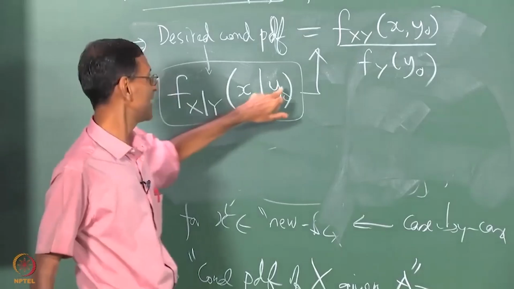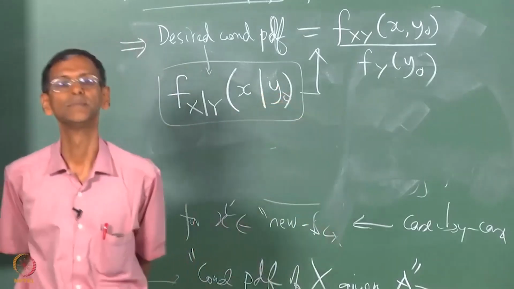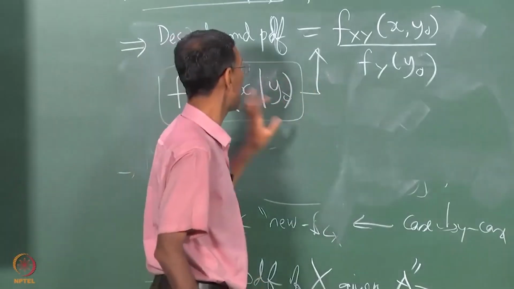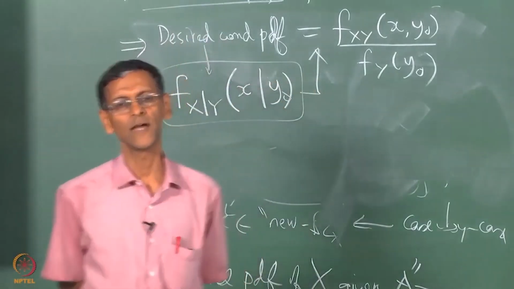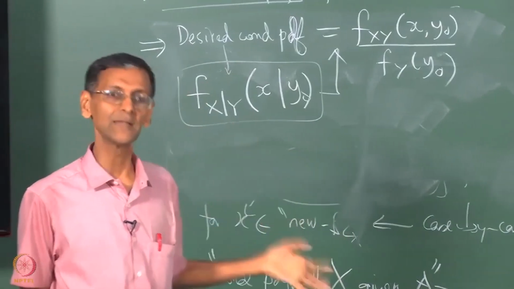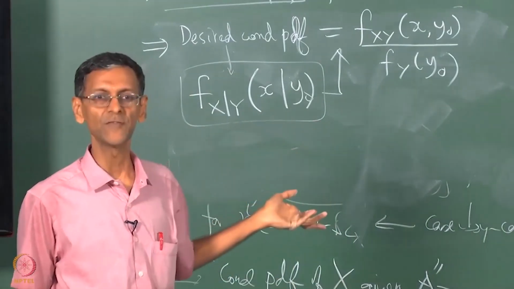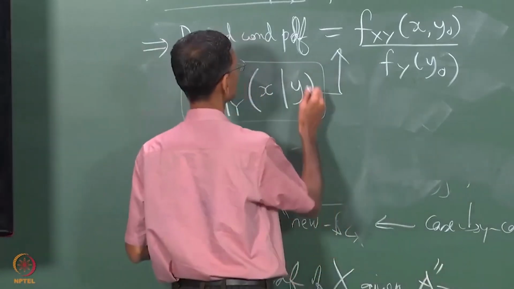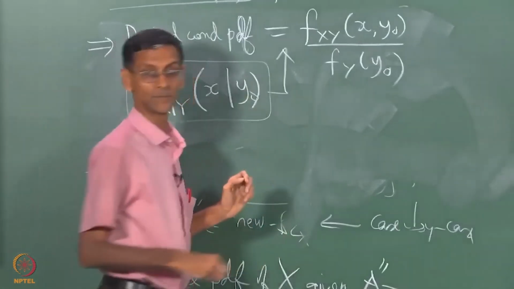What value of y? That value of y is put here. So this becomes in general a PDF parameterized by the number y naught. Y naught will become a parameter, a constant for the PDF itself, as we will see when we look at some examples, right.